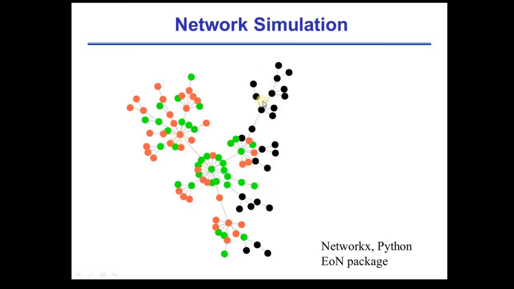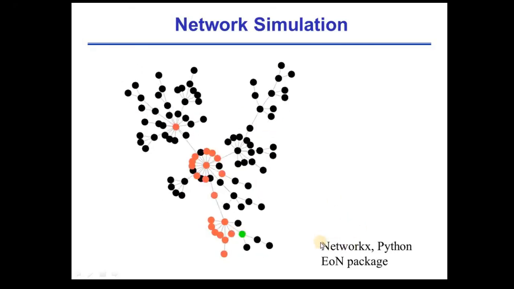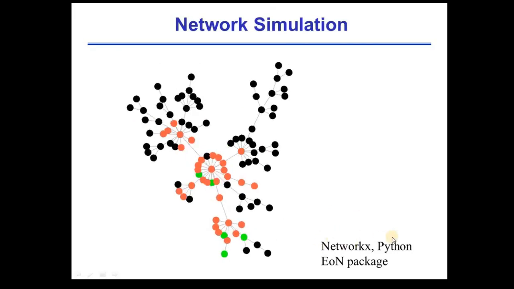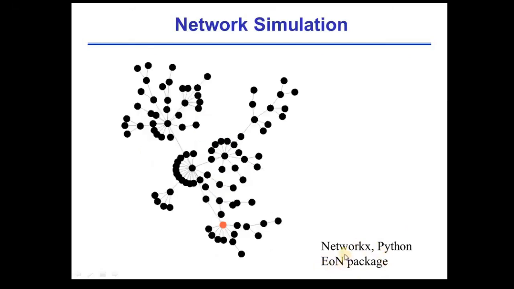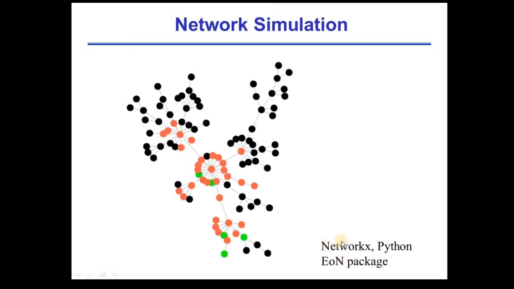So if you are interested in simulating this kind of thing, if you want to see this on your own, you want to tune this beta and gamma and see how it goes, NetworkX is a very nicely designed package for you in Python. So if you have expertise in Python, you can go ahead and see how to program these things. If you are not that inclined to learn Python for this task, you can also dive into the EoN package in Python, which is a newly written package, Epidemics on Networks, and it has been designed in such a way that it becomes easier for you to simulate large networks with different conditions that you want.